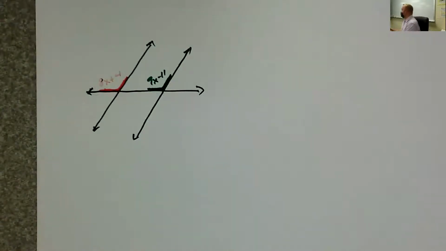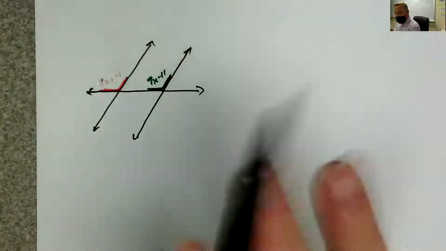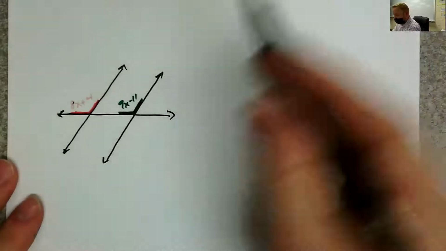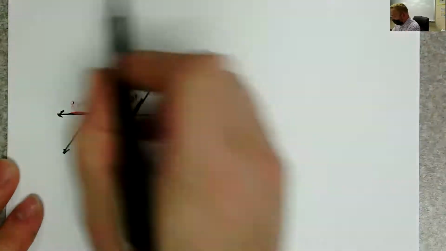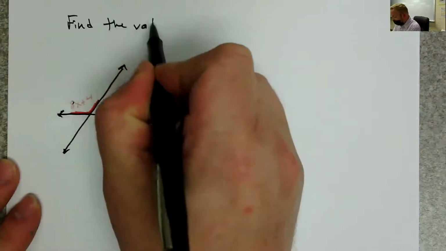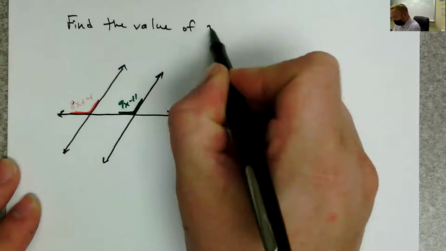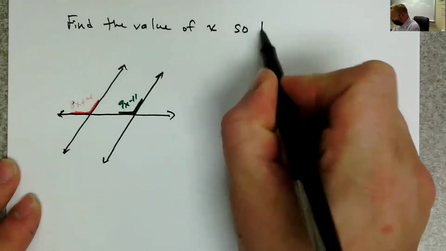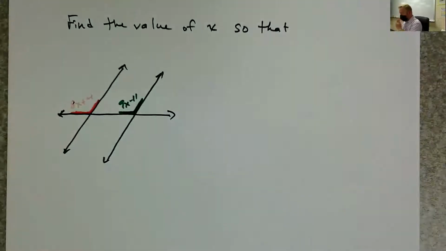I want you to see what the directions to a problem like this are going to look like, because you do have to think a little bit about what these directions mean and what you're supposed to be doing. So I'm going to write out the directions. It would say something along the lines of, find the value of x so that, now I'm going to give these lines some names.